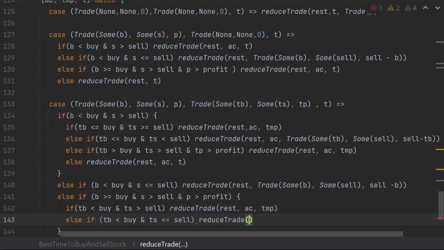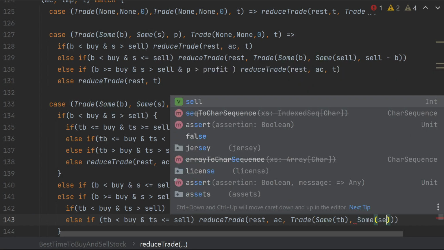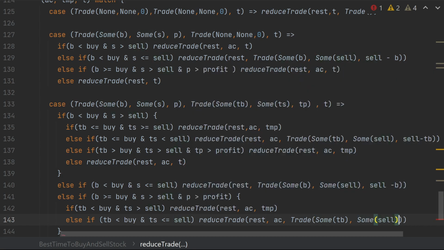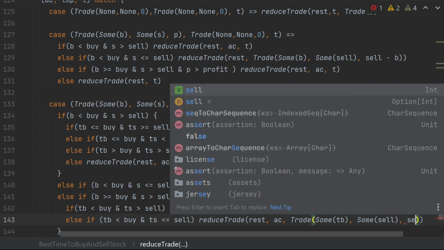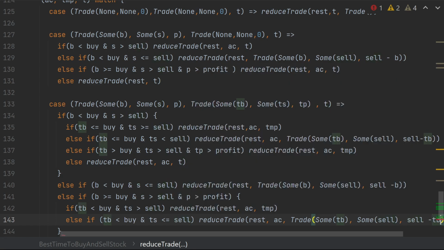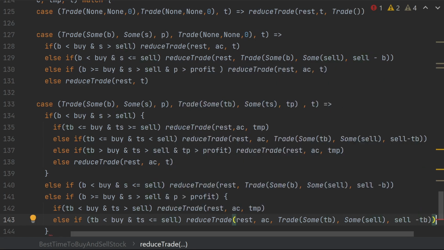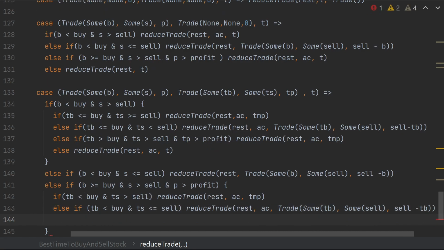So it's going to be reduce trade, rest comma AC comma new trade. So it's going to be sum of TB comma, we are going to add some sell and then add a new profit. So it's going to be sell minus TB. All right, so we are making a profit here and clearing out any temp that we have.